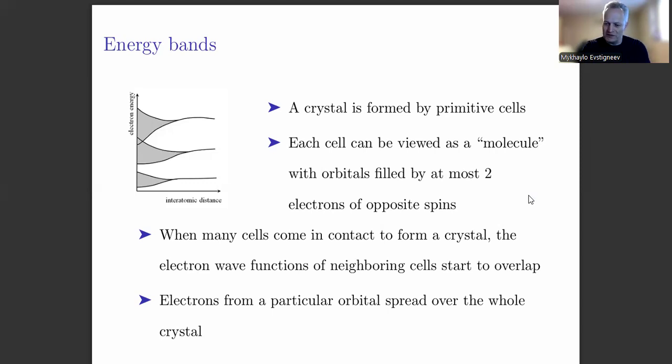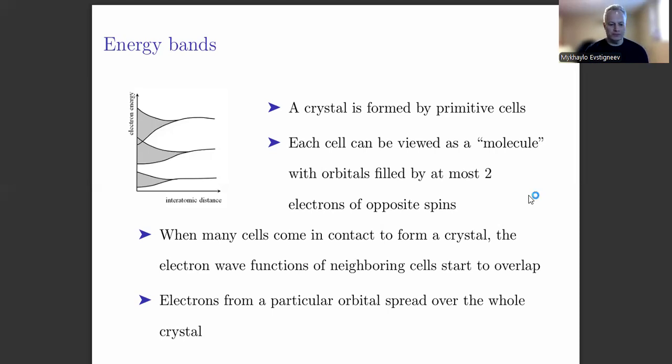Let's say this is a valence electron, and the orbital had just one electron. Now the orbital has two electrons, but actually there are more than two atoms in a crystal. There is an astronomically huge number of atoms, 10 to the power 25 or so. So that orbital would have to accommodate 10 to the 25th electrons.